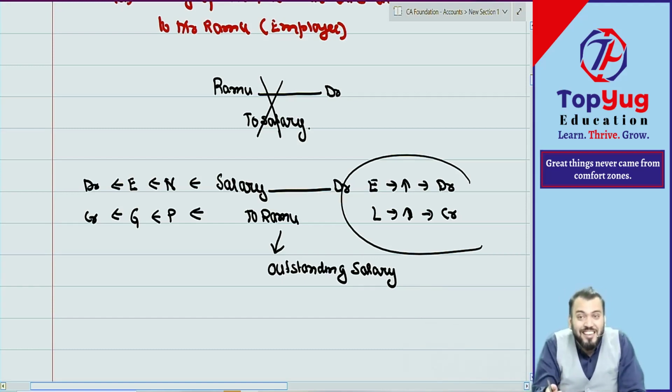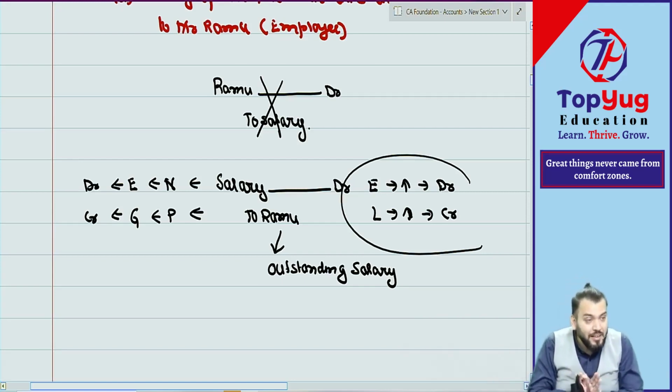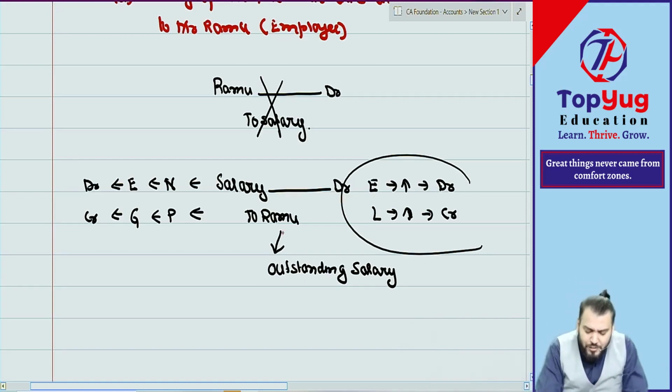And is Ramu the giver or receiver? Now tell me. This was totally a rectification entry in your childhood. Salary account debit to outstanding salary, and you never applied the rules. Now I am applying both the rules and we are getting the answer. Just write down Ramu. Instead of Ramu, we can also open which account?